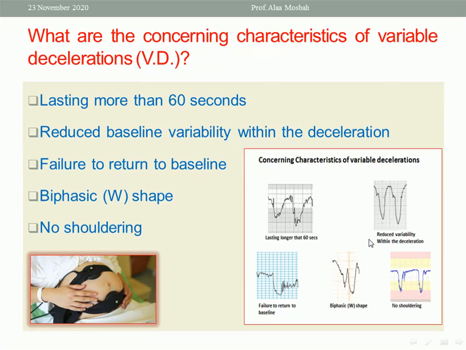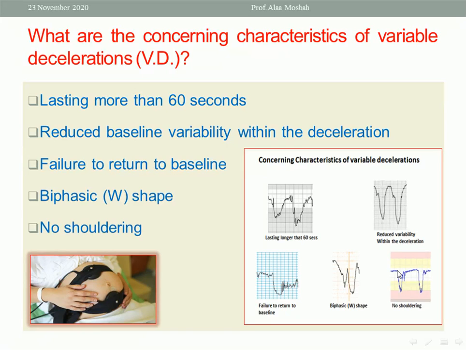Or deceleration without shouldering. You remember when we said shouldering is a good sign with deceleration? Absence of shoulder is a bad sign, indicating fetal compromise or distress, as in this one. You remember when we said there is acceleration, then deceleration, then acceleration, making two shoulders, one before the deceleration and one after.